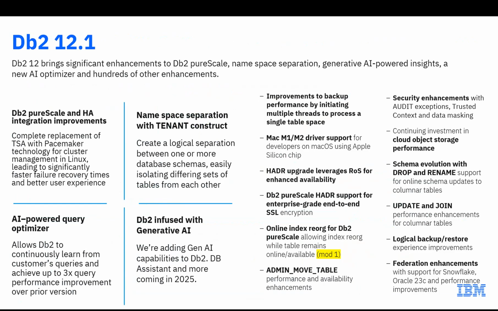But in the Linux environment, Pacemaker has become the de facto standard in the Linux community, and we want to integrate and leverage what makes sense for the operating system. So in 12.1, on Linux only, Pacemaker will be available, and we did the work to make sure it works in pureScale, HADR and DPF environments.